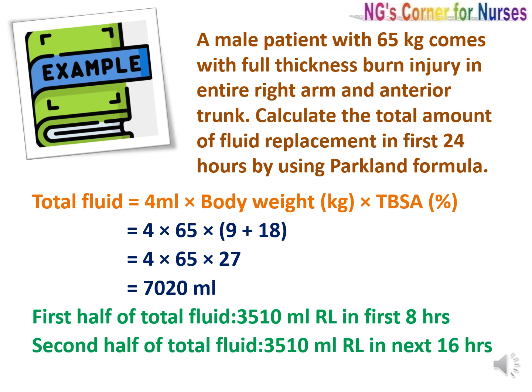So 4 times 65 times 27 equals 7,020 ml. That is the total fluid requirement in the first 24 hours. The first half of the total fluid, that is 3,510 ml Ringer's lactate, should be administered in the first 8 hours and the second half, the remaining 3,510 ml Ringer's lactate, should be administered in the next 16 hours.